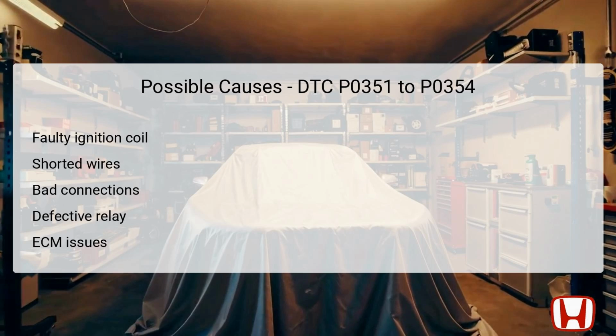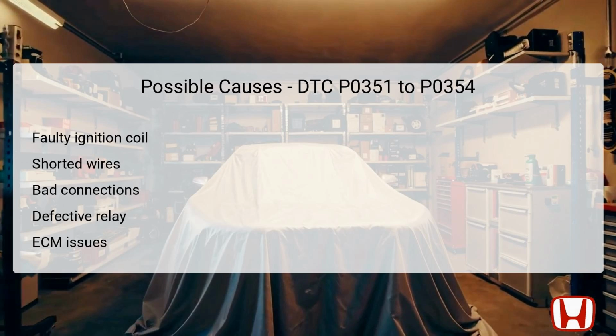Shorted wires in the ignition coil circuit can also result in incorrect voltage readings, causing the ECM to flag a malfunction. Instances of bad connections, such as poor or corroded terminals at the ignition coils or the ECM, may lead to intermittent issues, making the vehicle difficult to diagnose.